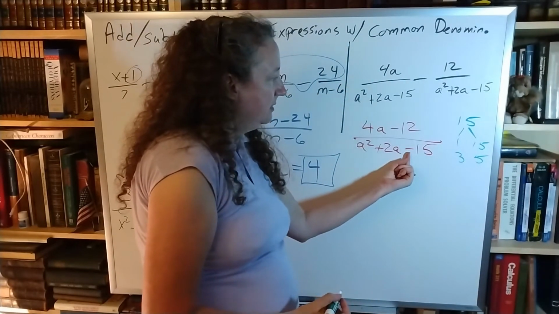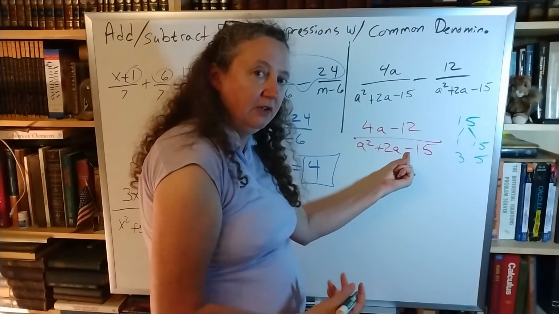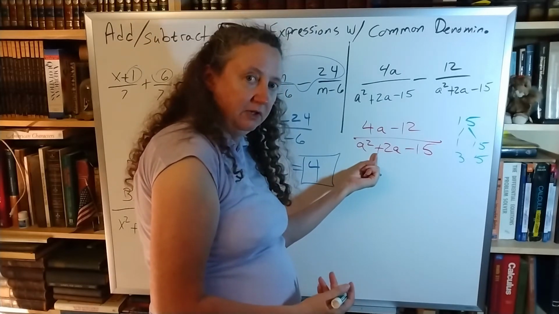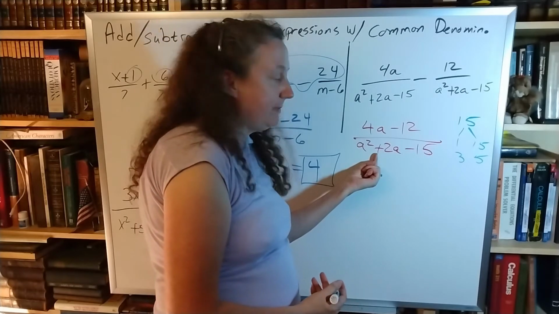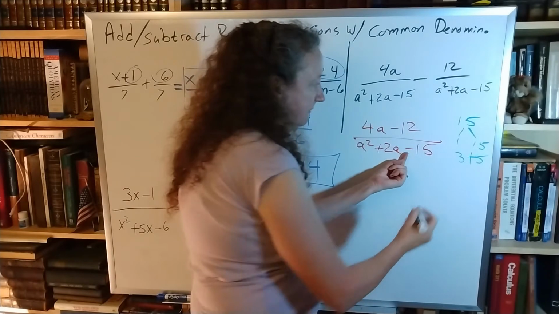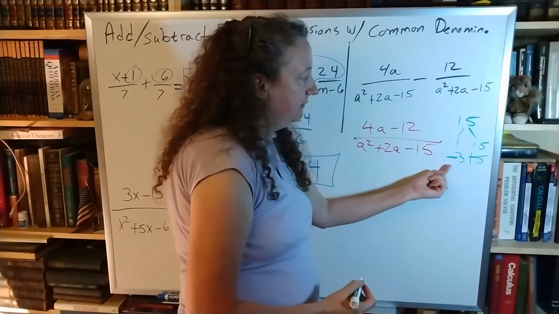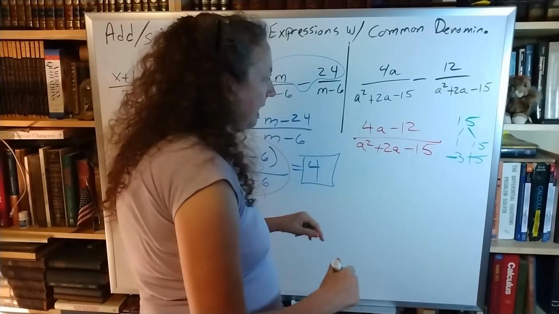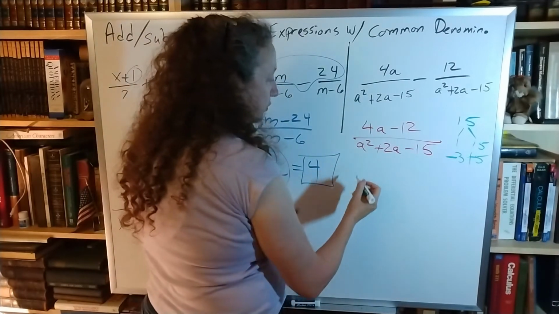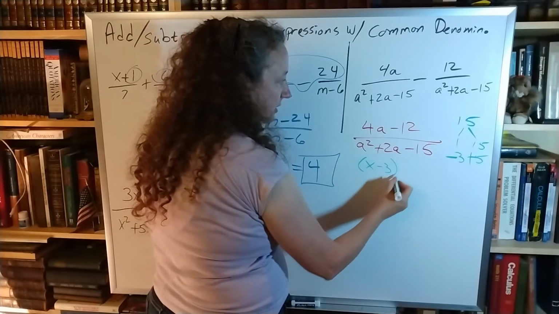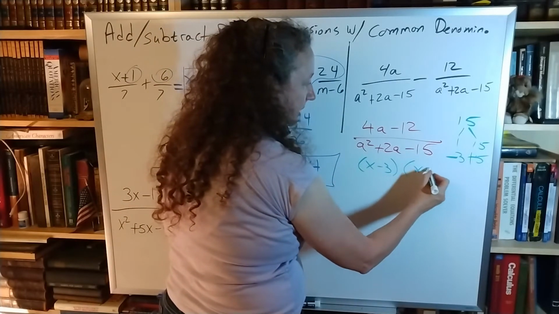It's a negative number, so I want my signs to be different. My b term is positive, so I want my larger number to be positive. Signs are different. So negative 3 plus 5 is positive 2. I can factor that. So shortcut, I have a minus 3 times a plus 5.